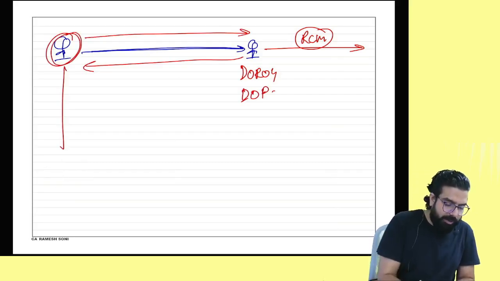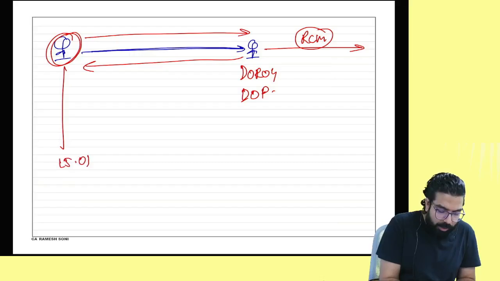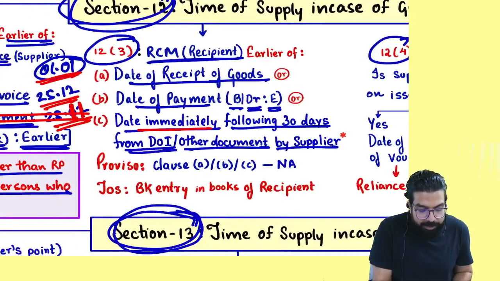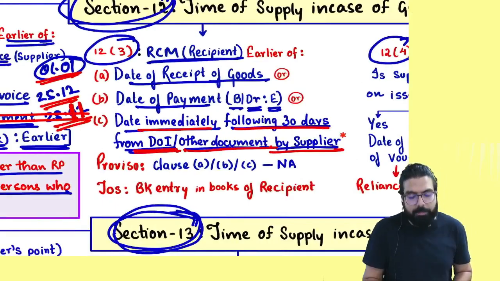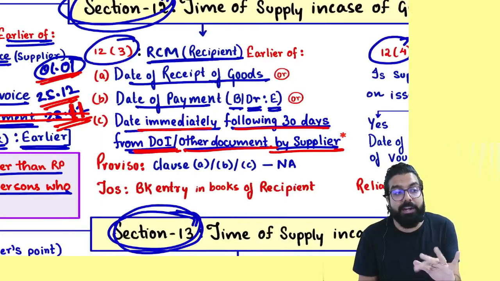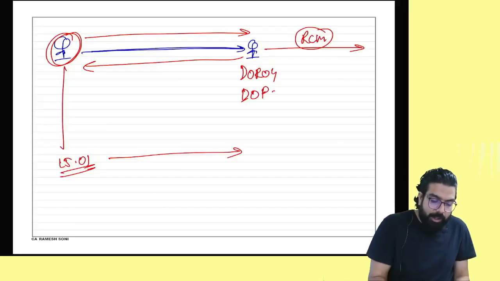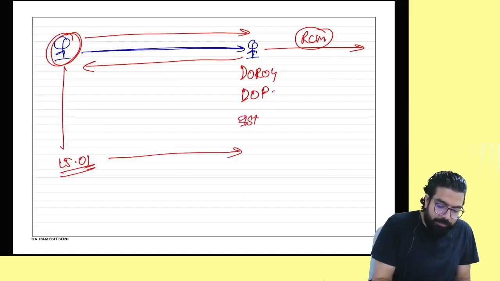Date immediately following 30 days from the date of invoice or other document by the supplier. Can you tell me what date immediately following 30 days means? It is the 31st day. Can you tell me what date the 31st day from the date of invoice will be?